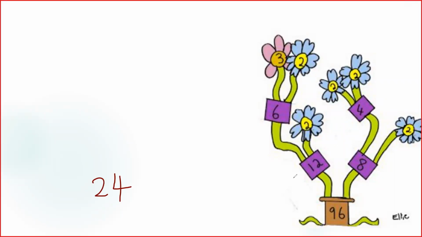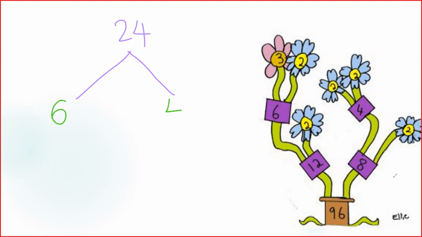How can I write the prime factorization of number 24? First of all, think about two numbers that, when you multiply them, you get 24. One of you says 6 and 4. So 6 times 4 gives 24.